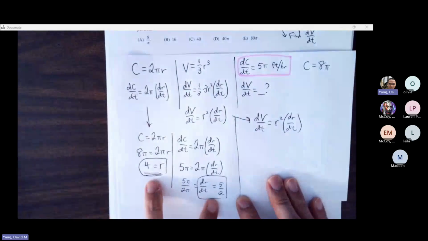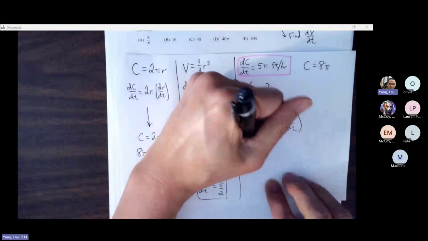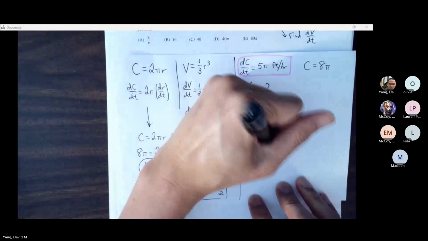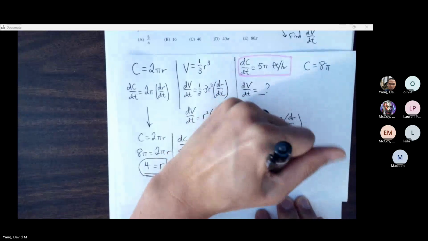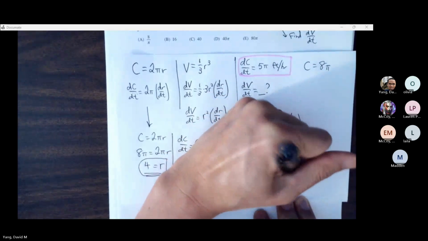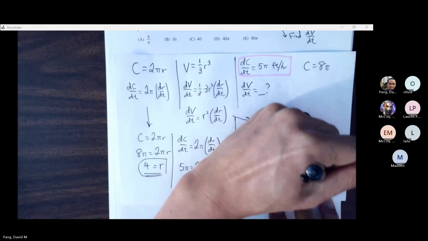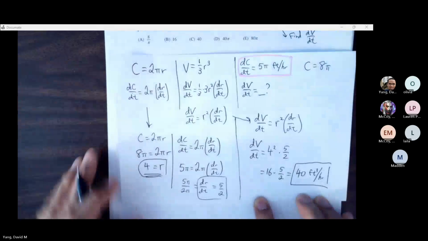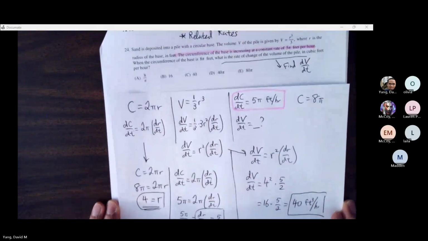We have the dr dt value. So now that can help us solve for dv dt. Answer choice C.